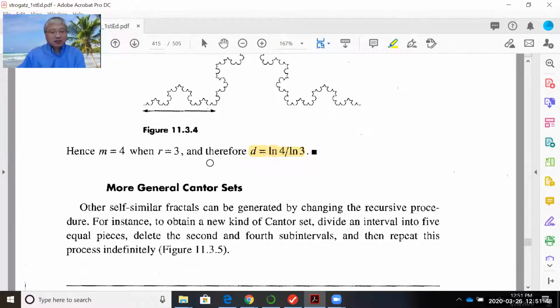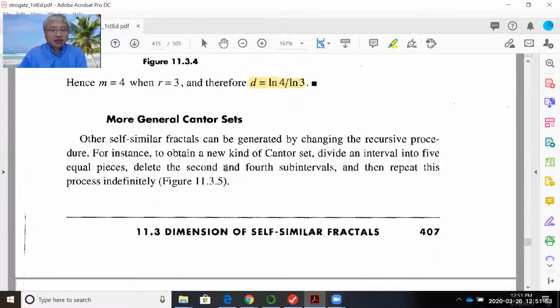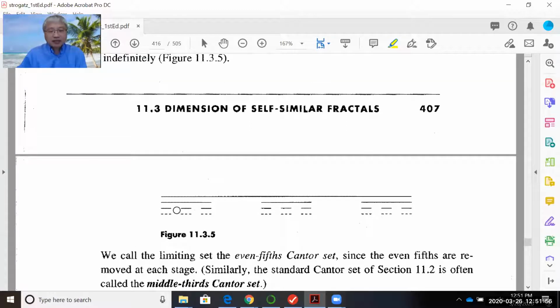Right. So with that, we can generalize to a much more general Cantor set. For example, here is a Cantor set in which we reduce the scale by a factor of 5, 1, 2, 3, 4, 5, and then we eliminate 2 of the lengths. So what will be the dimension of this object? Ray, are you there? What is the dimension of this object?